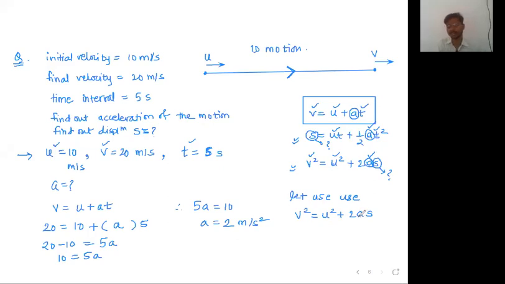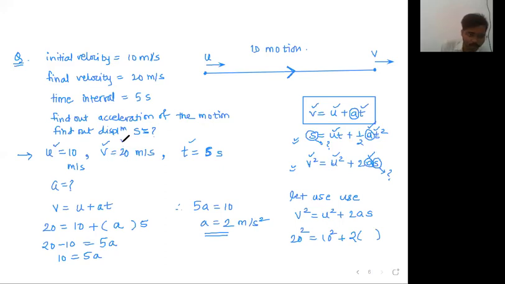Acceleration च्या sign चा फक्त विचार करायचा, whether to put it as positive or negative. Okay, चलो. Final velocity 20 square, initial velocity 10 square, plus twice. Now sir, think for the sign of acceleration, whether to put acceleration as +2 or -2. Let us think for that.